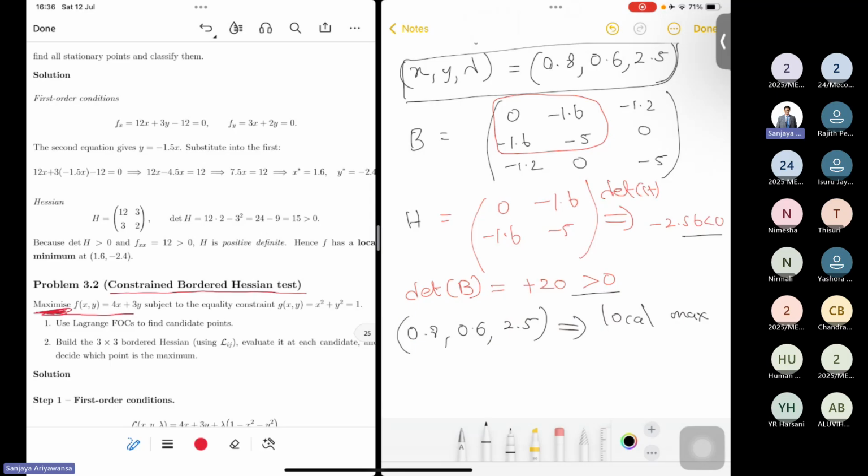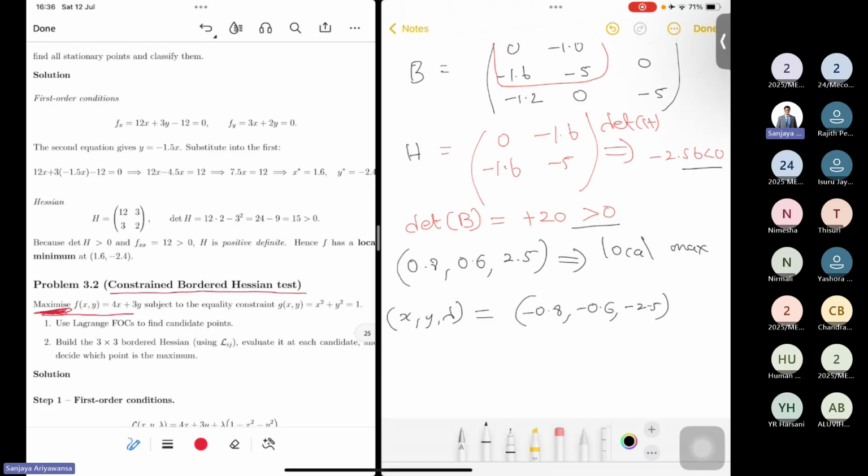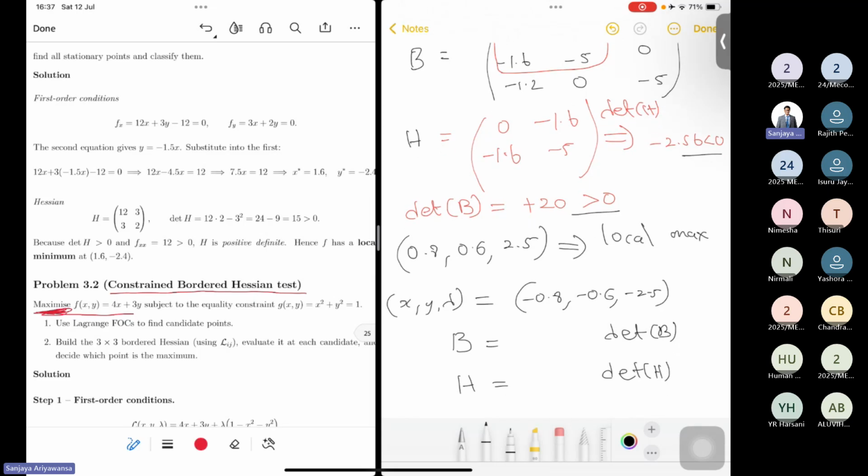But if you consider the candidate x, y, lambda with the negative values, minus 0.8, minus 0.6, and minus 2.5, and go through the whole process of calculating your bordered Hessian, then calculate the determinant of H, you would get a negative value.